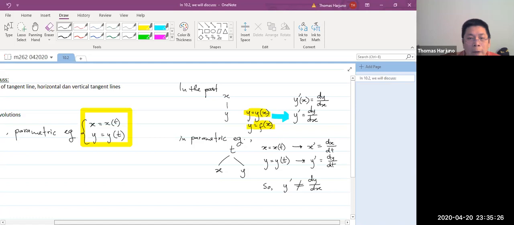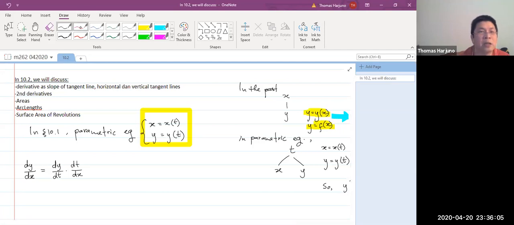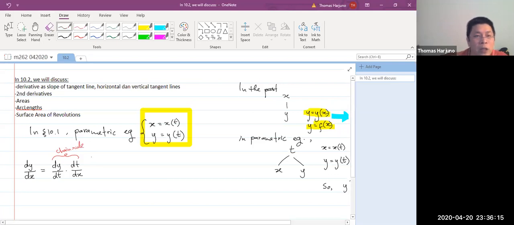Now, then we will go back. So how do we define dy/dx then? So dy/dx, that's the derivative of y with respect to x, therefore will be done in the following way. This is dy/dt, we do the derivative with respect to t multiplied by the chain rule dt/dx. That's basically the chain rule, which we can write in a nicer way.